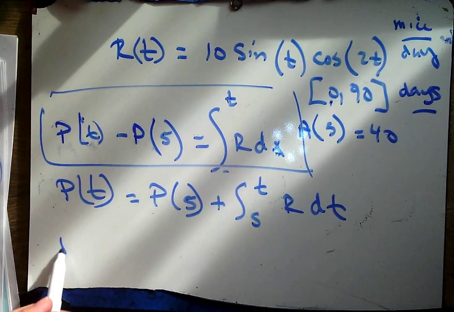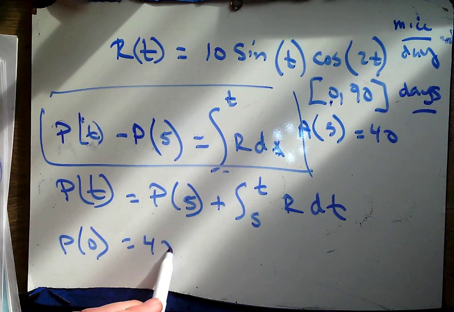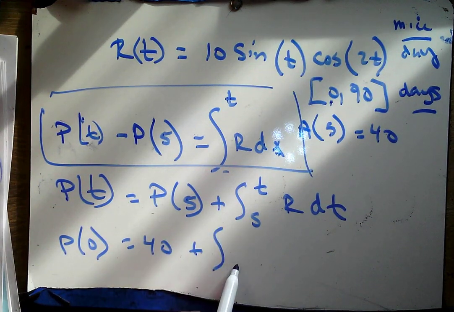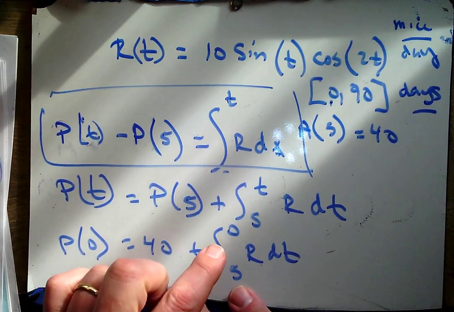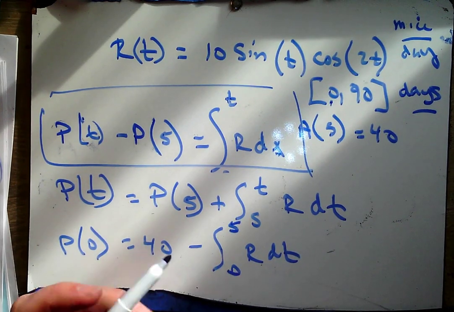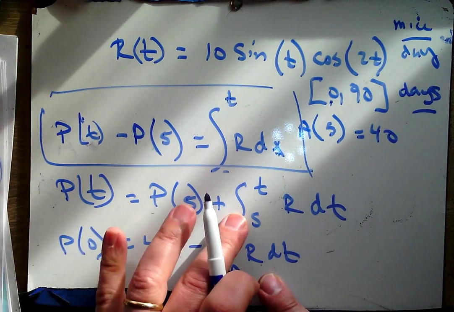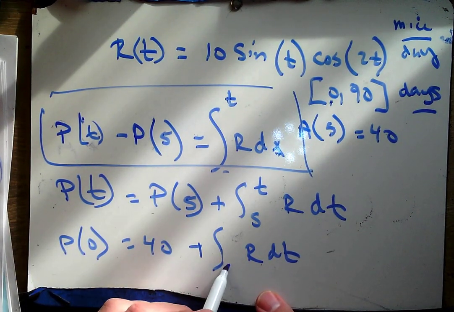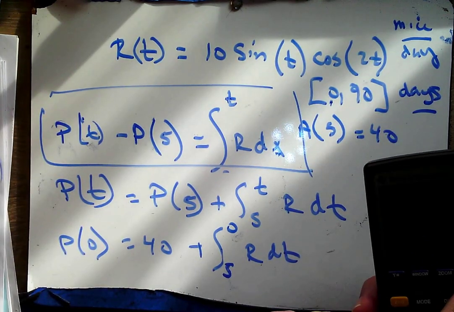And now we're looking for P of 0. P of 5 plus the integral from 5 to 0 of r dt. Now, you may feel uncomfortable with this, like, hey, I should pull out that negative and flip these. Yeah, the thing is, you're going to be integrating on your calculator anyway, so I don't think your calculator cares. 5 to 0. Okay, so math, integrate.